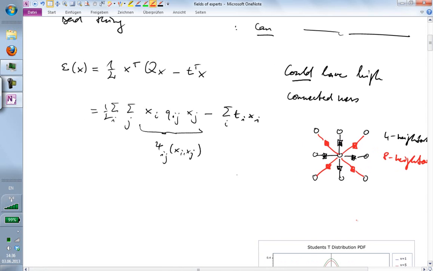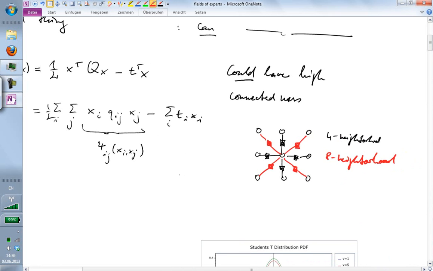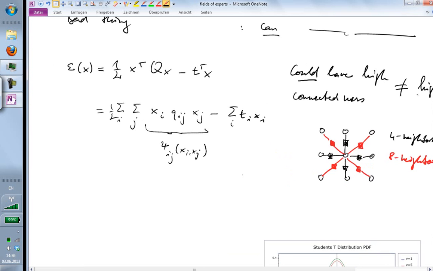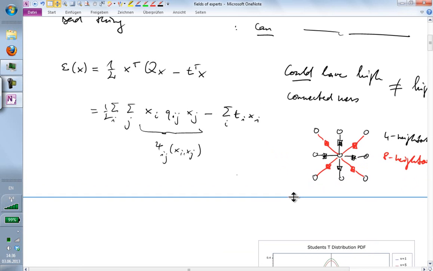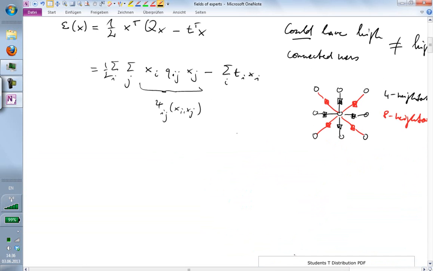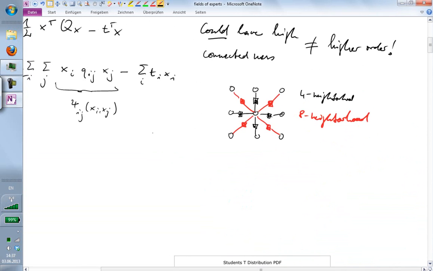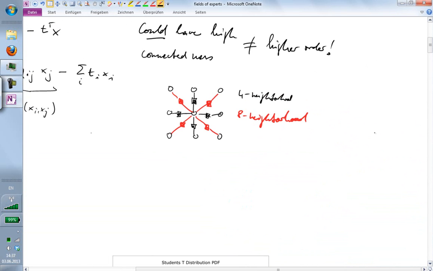But this is not the same as higher order. So this is high connectedness, which is not the same as higher order. So a higher order factor, for example, would be one where I have a single factor.